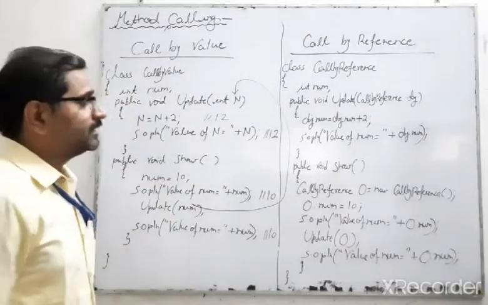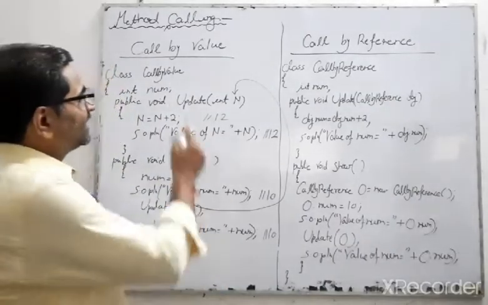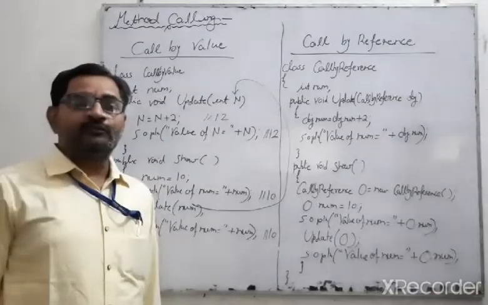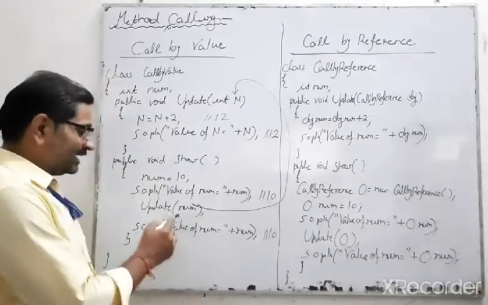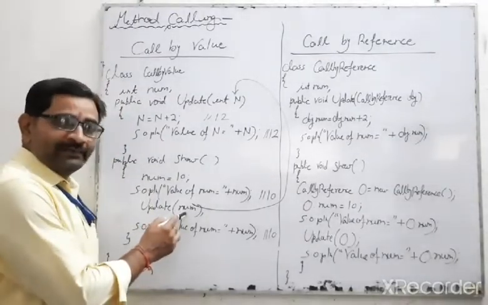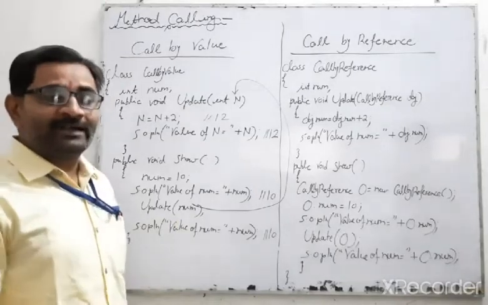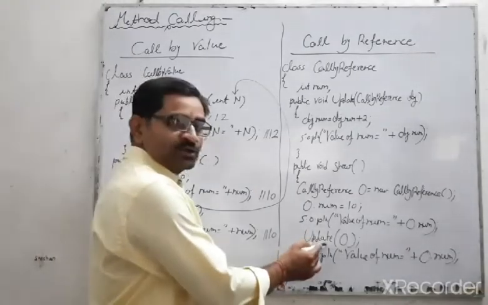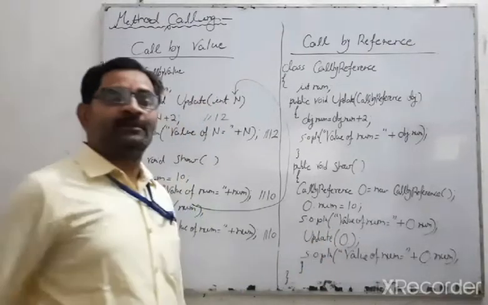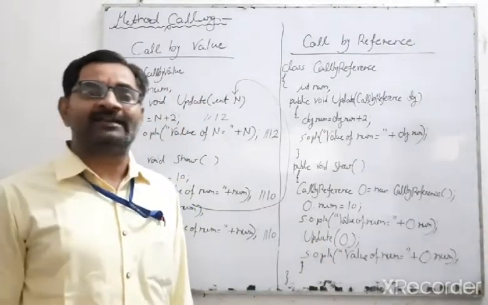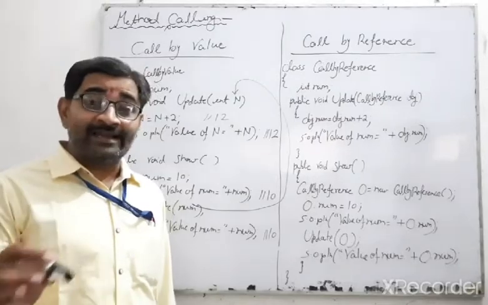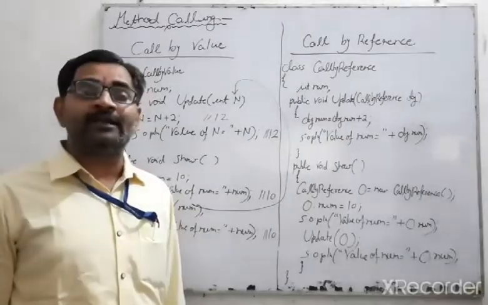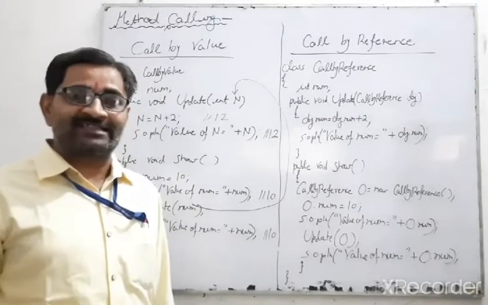You can see, as I told you, in case of call by value, we pass the value of a primitive data type, but in call by reference, the value should be of a non-primitive data type. This is the main difference between call by value and call by reference.